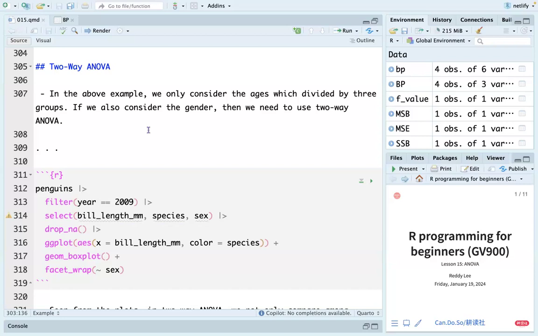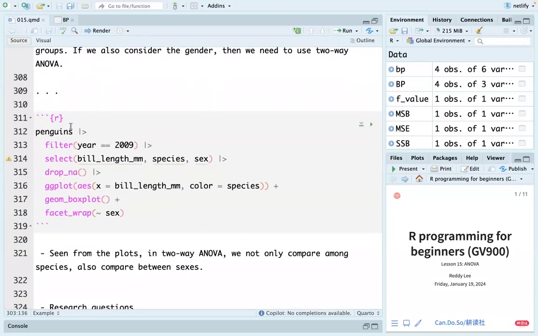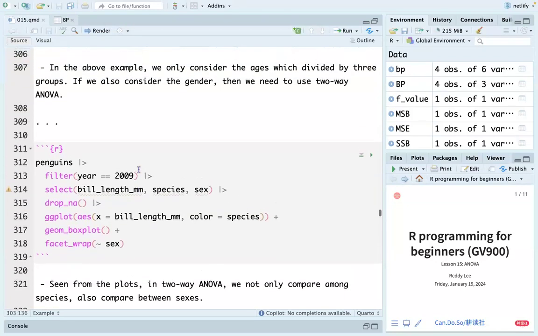And now we use a two-way ANOVA. In two-way ANOVA, we can use the penguins dataset. In one-way ANOVA, we only have one factor, which is continent. But now we want to compare the penguins' bill lengths.